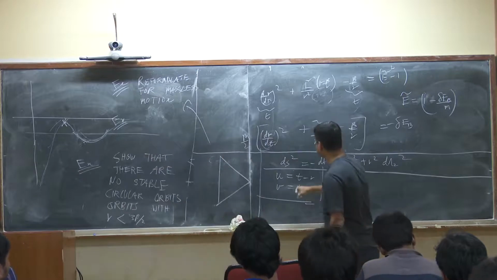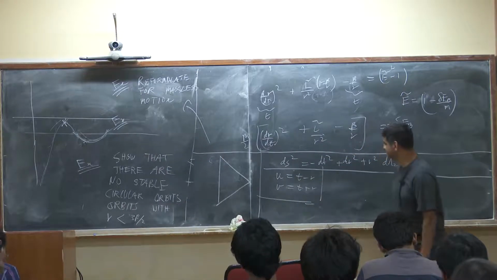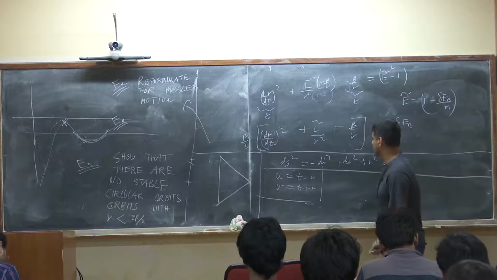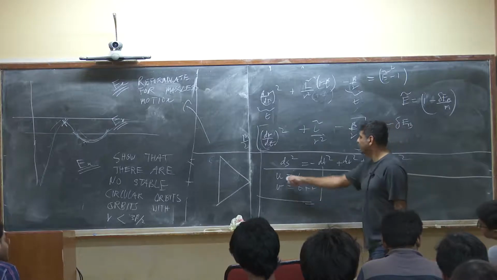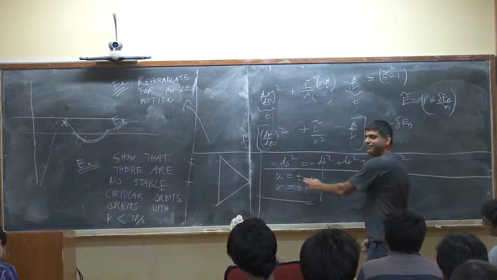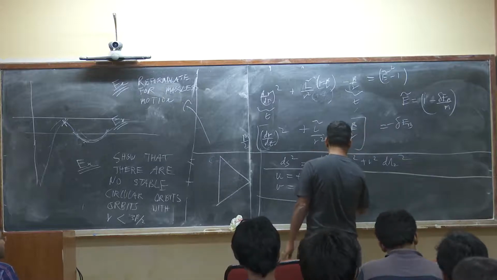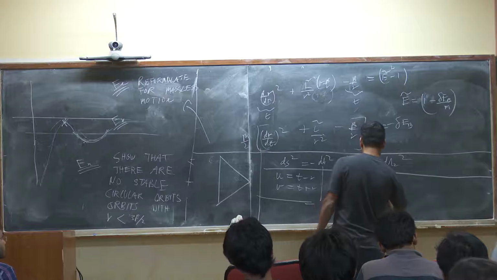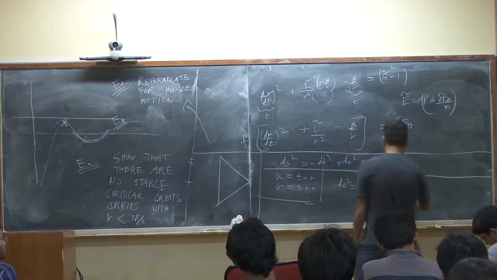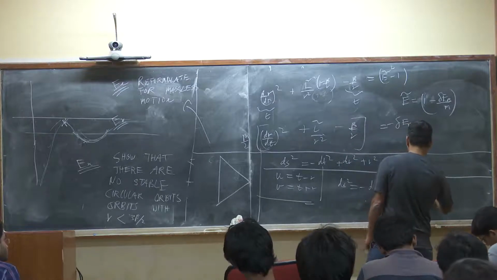I'll just work in this uv coordinate system. So you see, du dv is clearly dt squared minus dr squared. So the metric is ds squared is equal to minus du dv plus r squared d omega 2 squared.